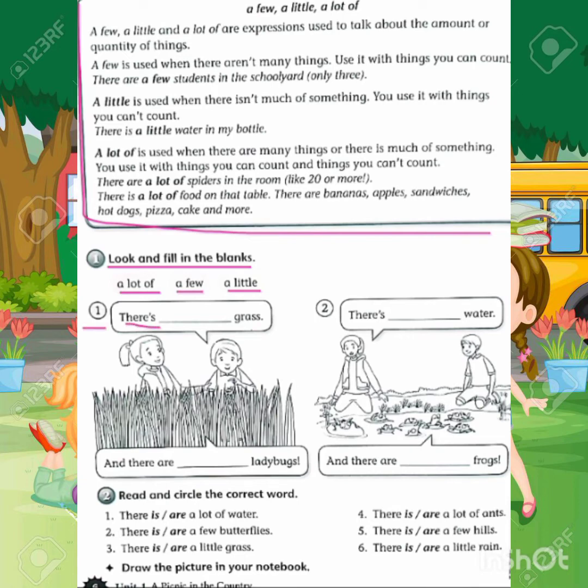There's grass. So, is the grass a countable noun? Can you count the grass? Okay, now you have to see the quantity or the amount of grass.